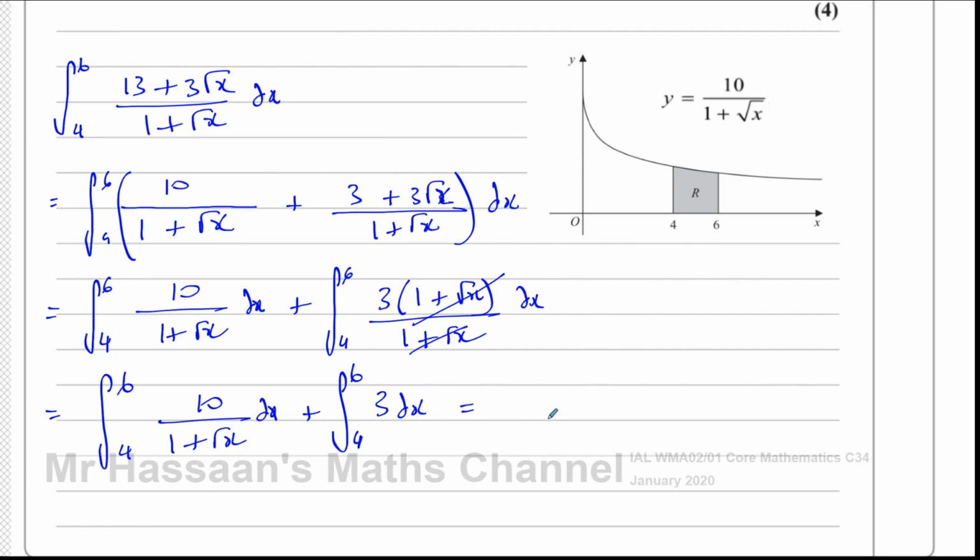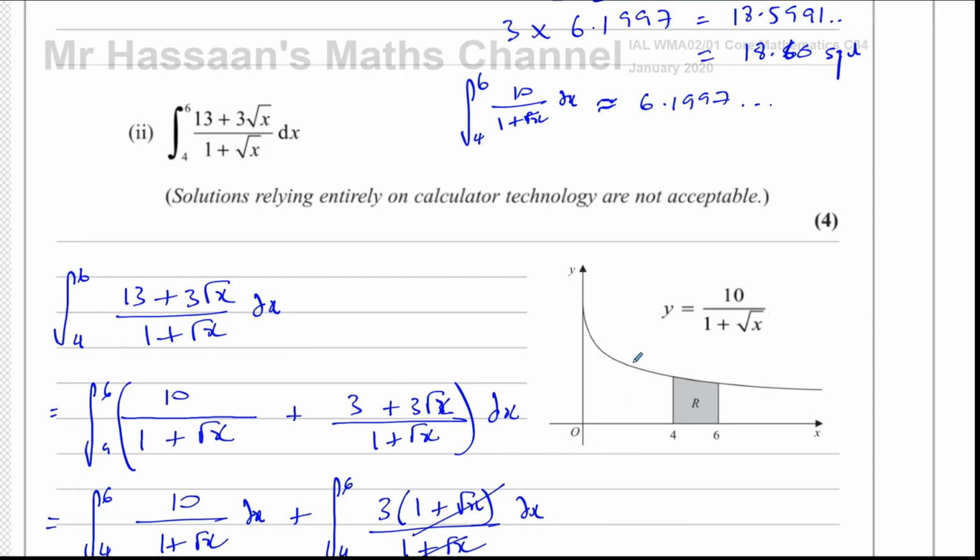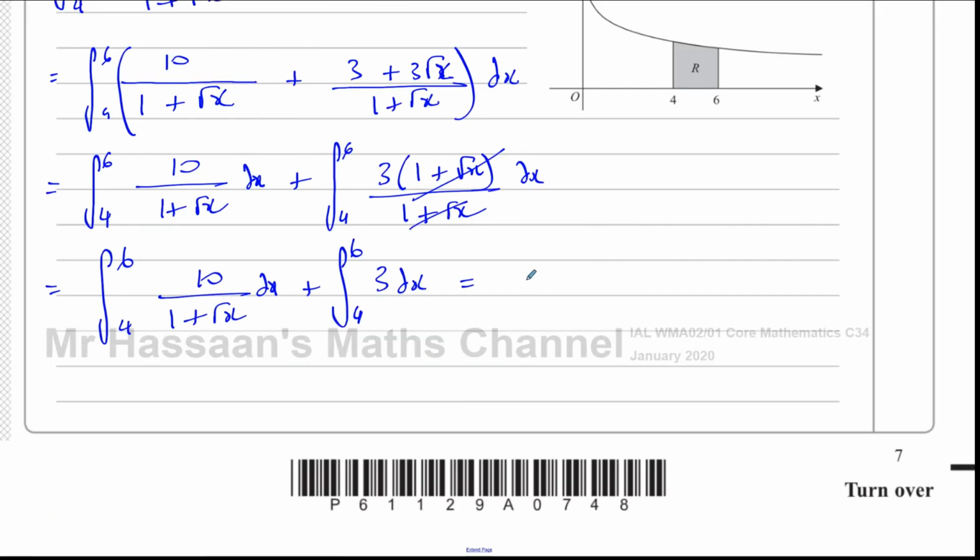So this is going to give us our answer from part A, which is 6.1997, plus, if you integrate 3 with respect to x, we end up with 3x, with limits between 6 and 4. When you put 6 in here, you'll have 18, minus, you put 12 in here.